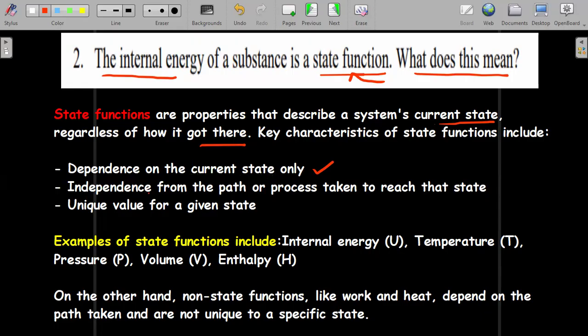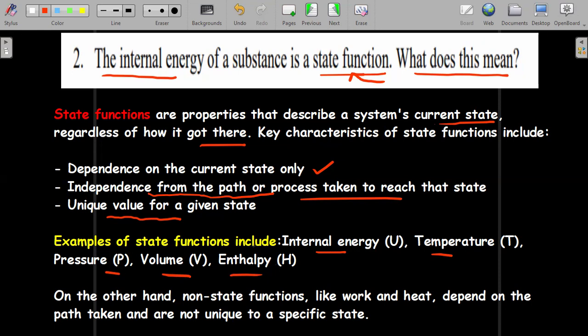It is independent of the path or the process taken to reach that state. It also has a unique value for a given state. Examples of state functions include the internal energy we just defined, the temperature, the pressure, the volume, and even the enthalpy. All these are state functions.